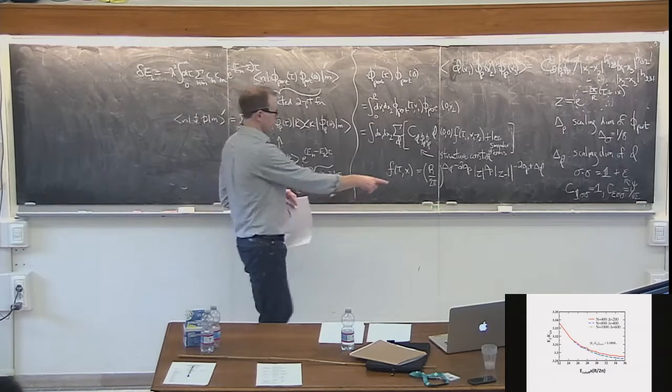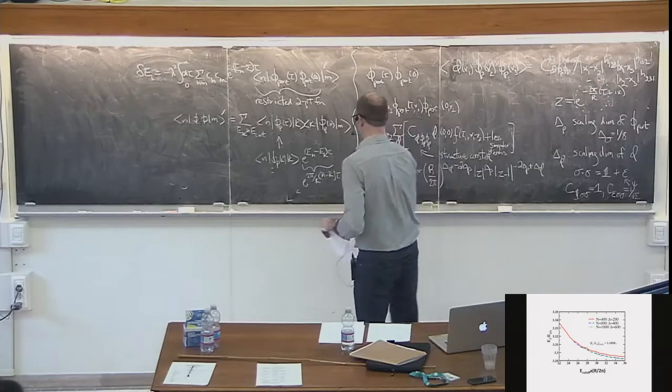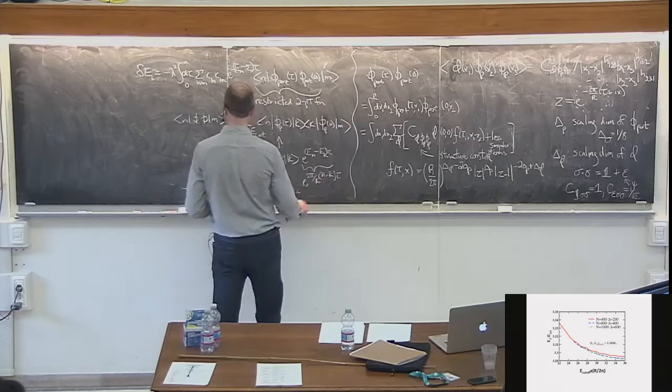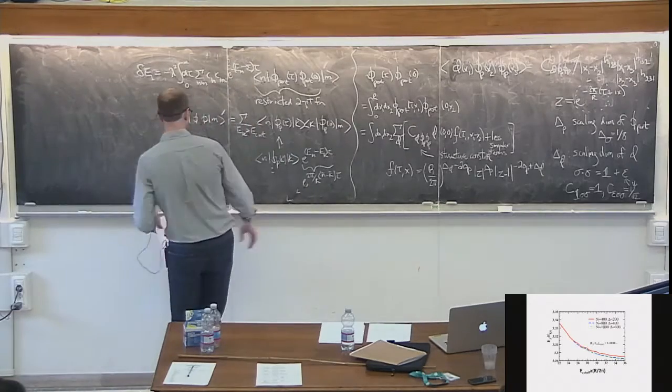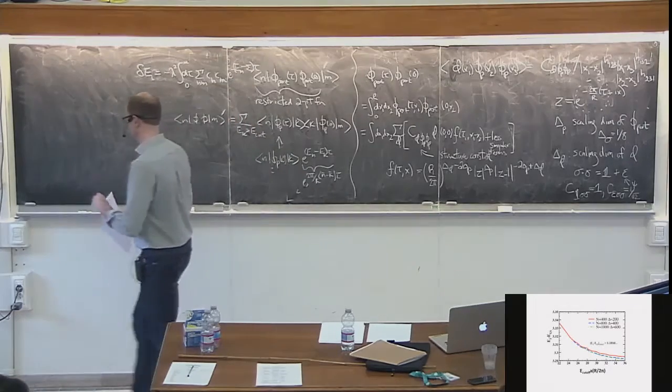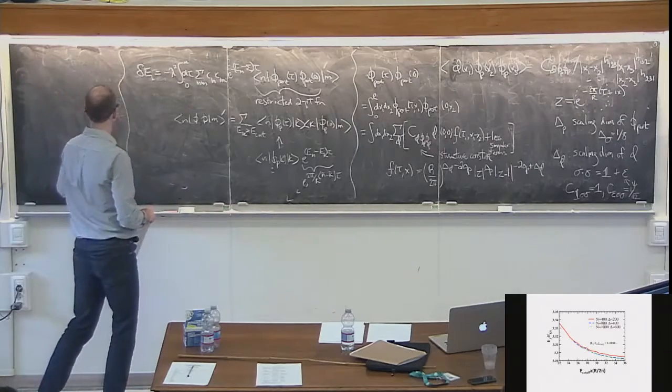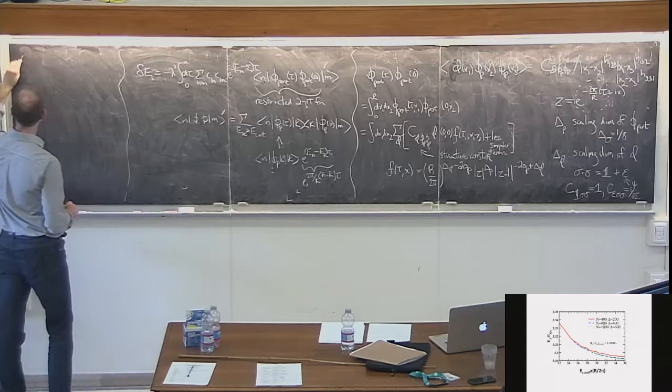So if we just Taylor series expand this, then we can isolate powers in tau and toss away the low-lying powers.